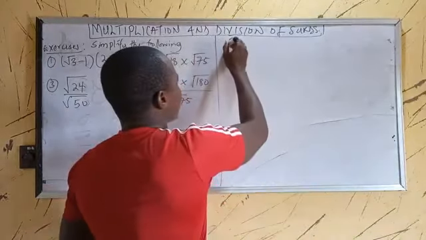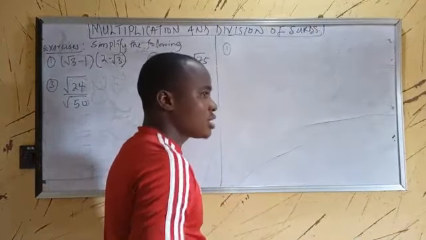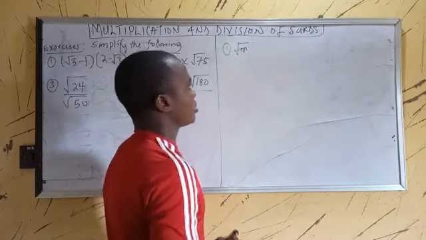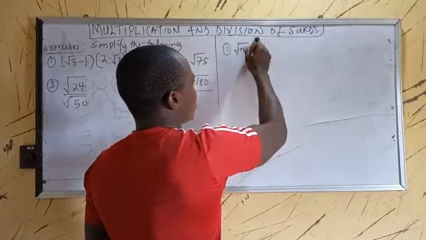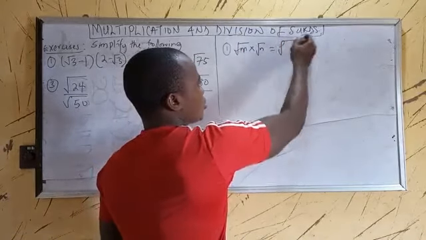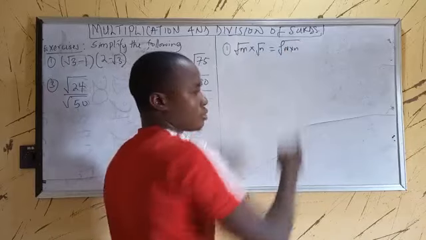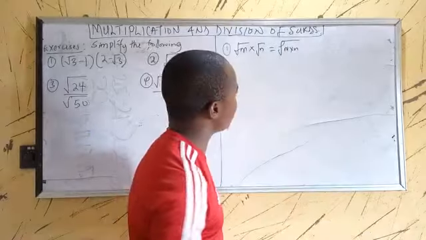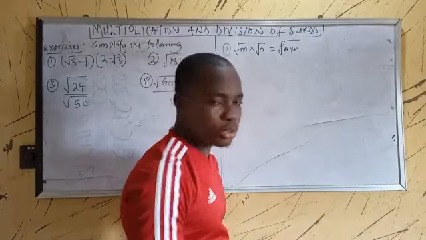The first one: if you have a problem like root of m multiplied by root of n, this will be root of m times n, which means you put the two under the same root.